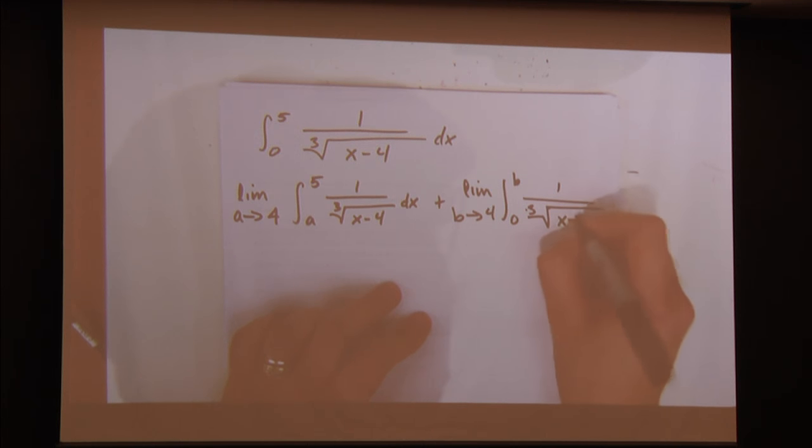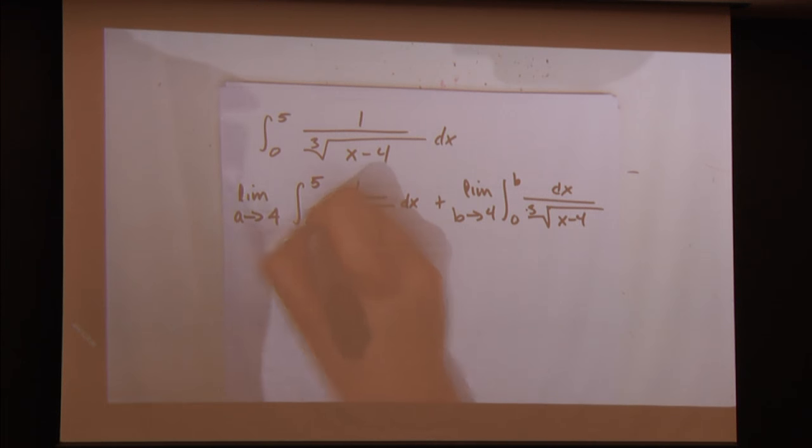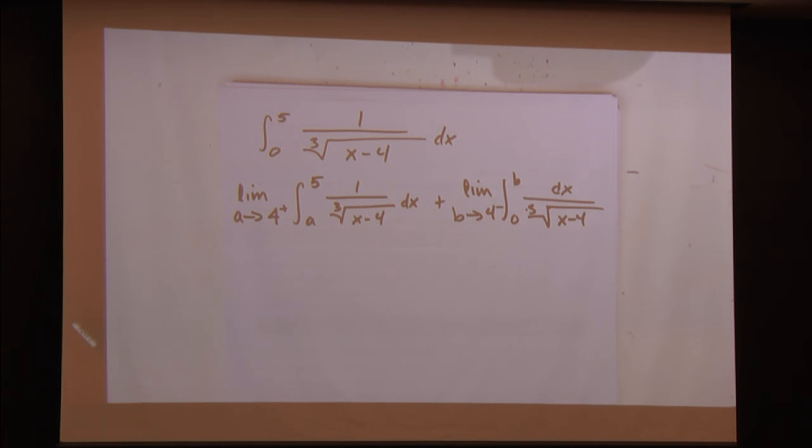That part's done. Now I need to figure out what side, right? So if we're heading at it from the positive side, then that means this is plus and this is minus. Concur? Or disagree?